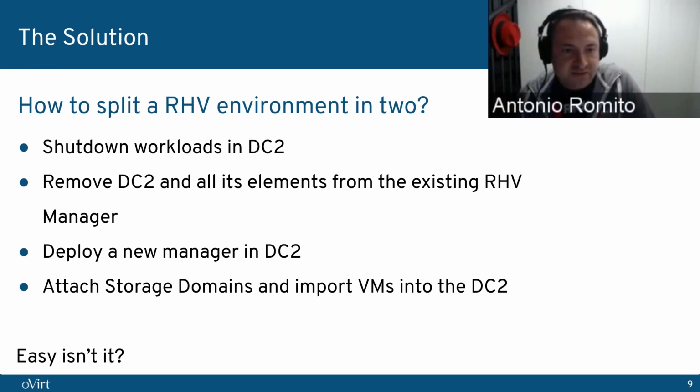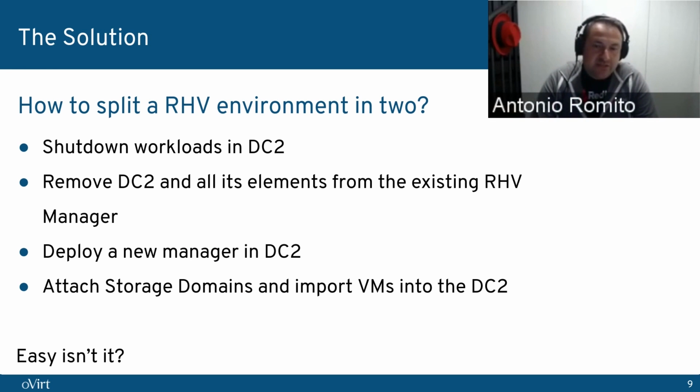The action plan to split the single Rev environment into one per site was pretty easy. It was necessary to shut down all the VMs in the secondary data center, disconnect the storage domains and the hypervisors belonging to data center 2, deploy a new manager in data center 2, and then re-import the storage domain with all the VMs.